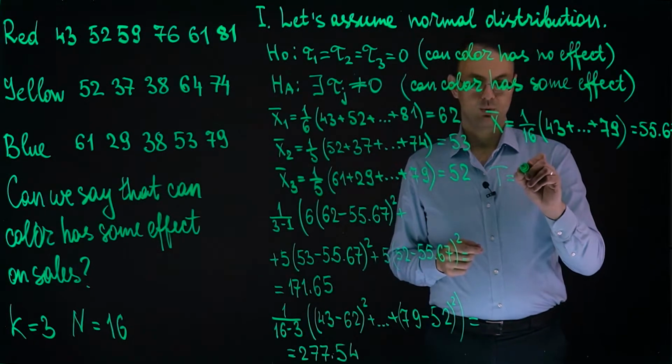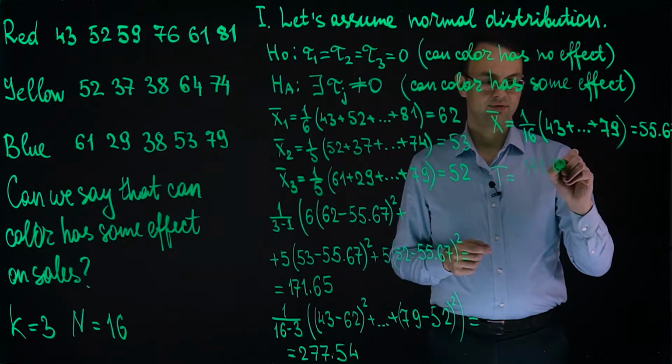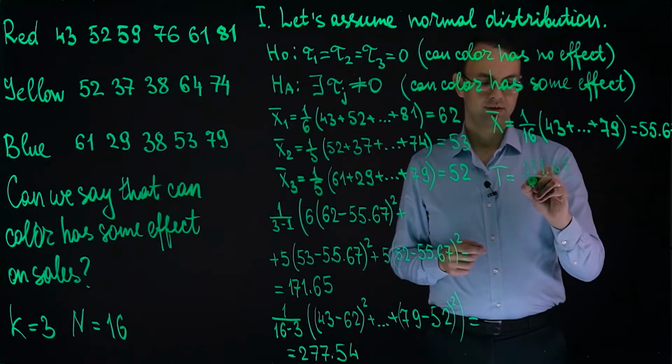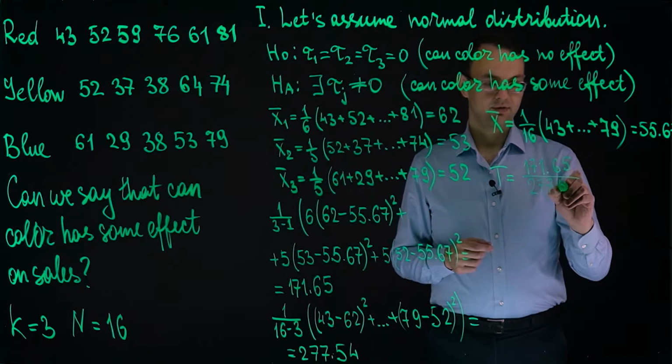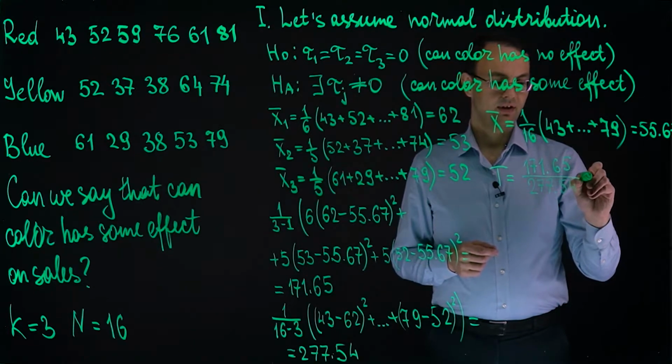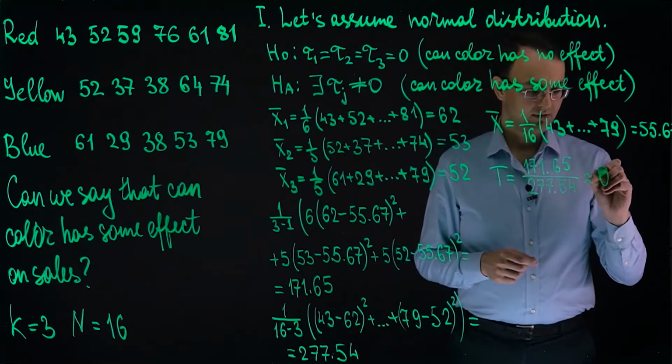So it is 171.65 divided by 277.54, and this is approximately 0.618.